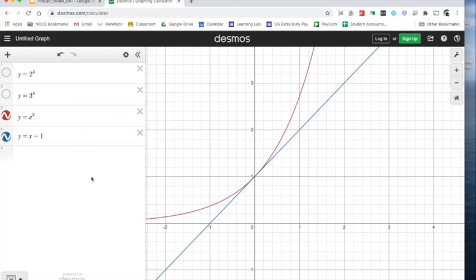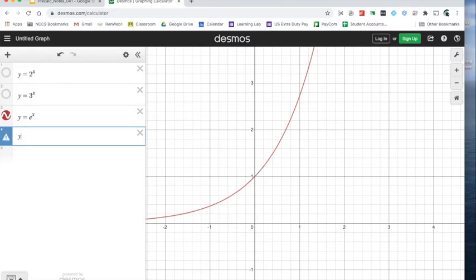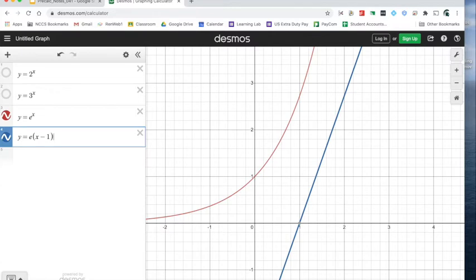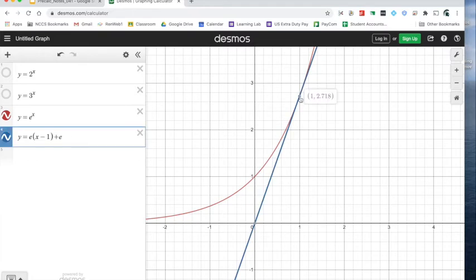We could do it again at a different point. Here at 1, the value looks like about 2.7. Turns out it's e, actually. So the tangent line would be y equals e times x minus 1, plus e. There we have the intersection of the two functions.